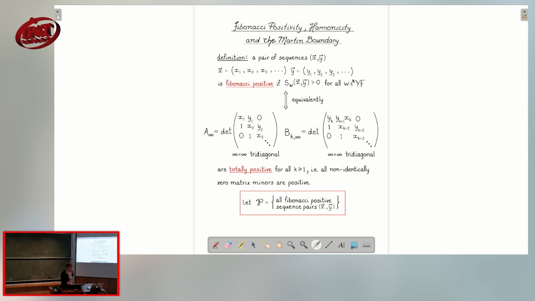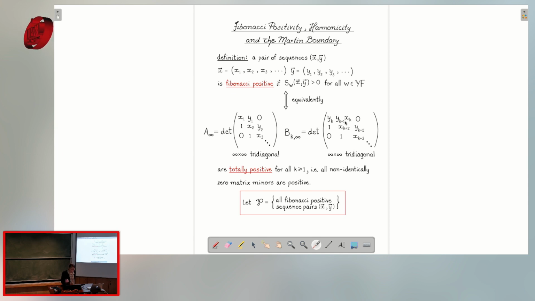This is the same as saying that this infinite tridiagonal matrix made of all of the x's and y's must be totally positive, meaning that all of its non-vanishing minors must be positive. But more than that, this B_K infinity, which is the following tridiagonal matrix, also has to be totally positive.